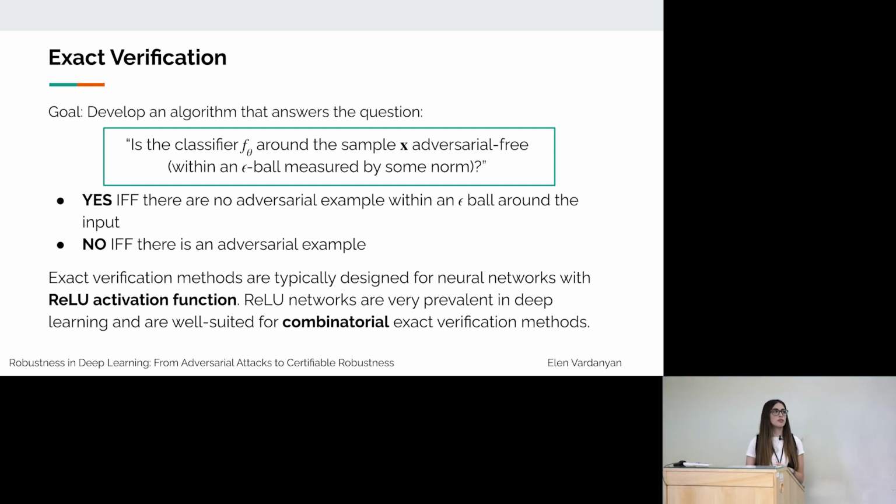These types of verification methods are typically designed for ReLU networks, since they are very prevalent in deep learning, and they're also very well suited for these combinatorial exact verification methods. But there are some methods that do work for other types of activation functions.